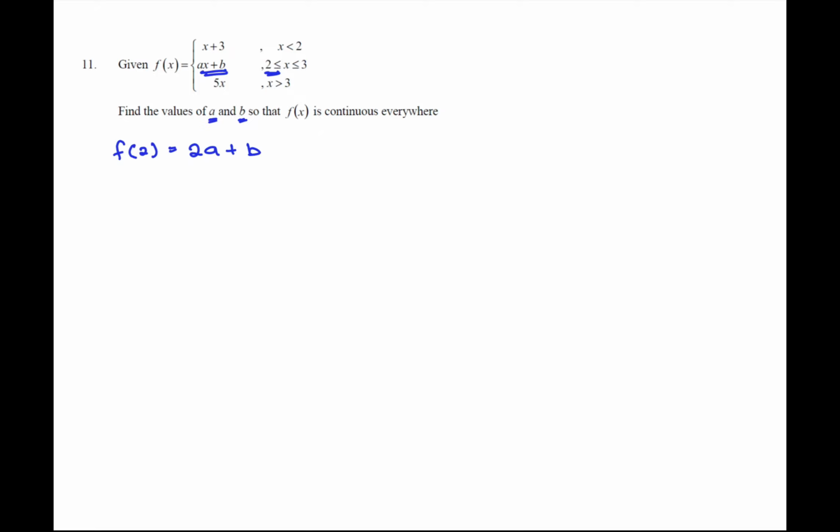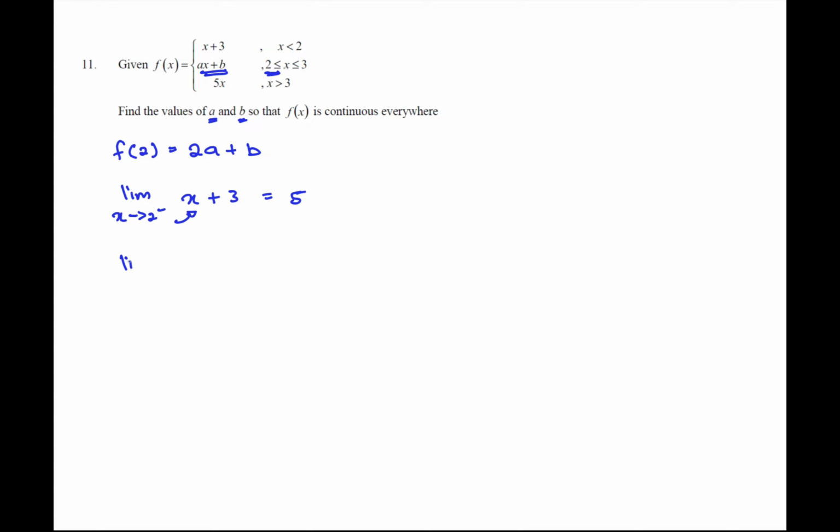Then the limit as x approaches 2 from the left, which is x plus 3, we get 5 after we substitute 2 here.